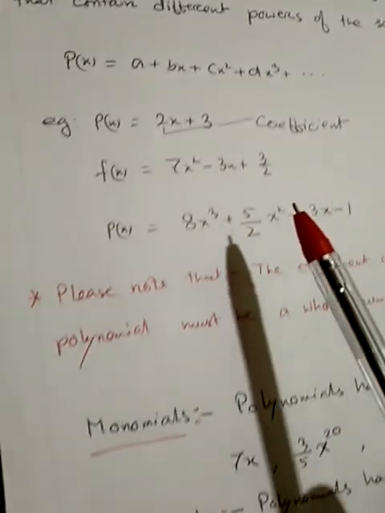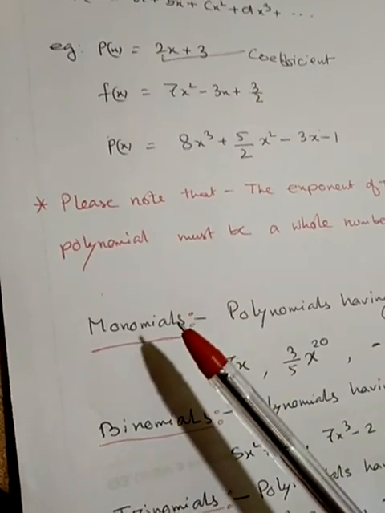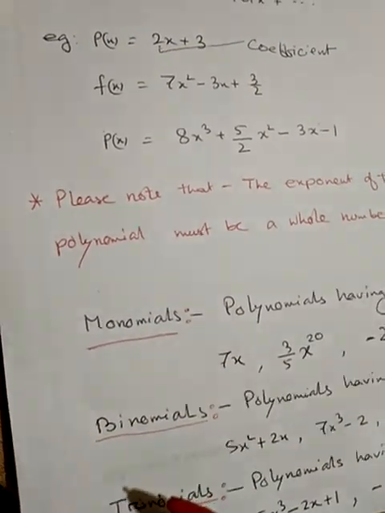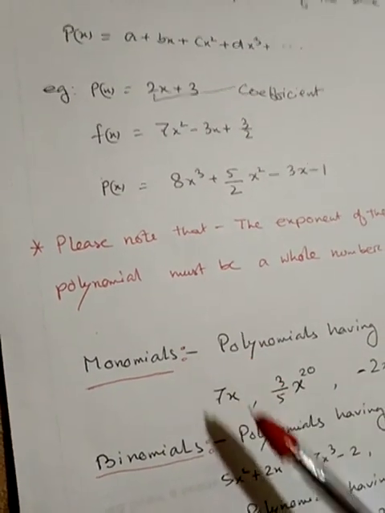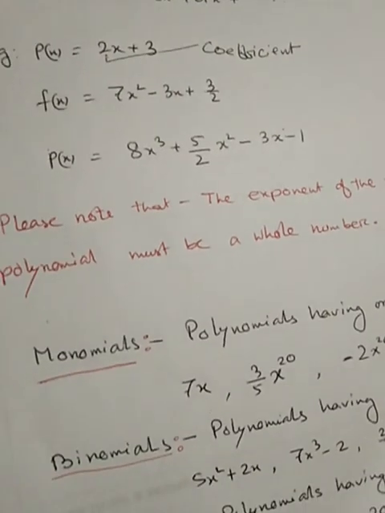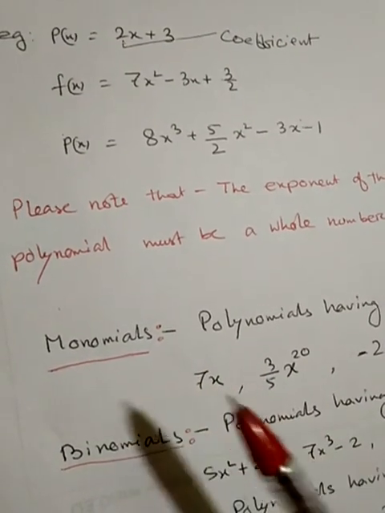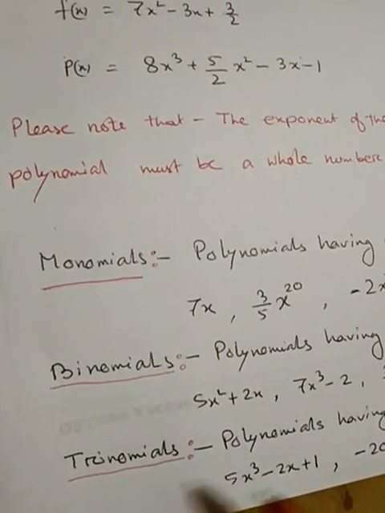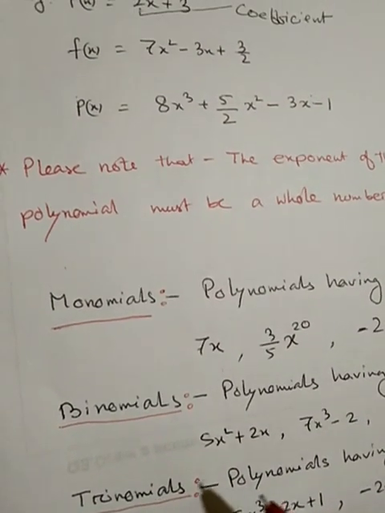Then we have learned about the classifications, which are monomial, binomial, trinomial, and these are the divisions depending upon the number of terms of a polynomial. If there is only one term, then it is a monomial. If there are two terms, then binomial. If there are three terms, then it is a trinomial.